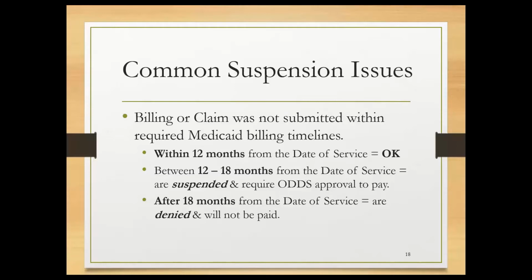Now, there may be situations where you are unable to bill. It takes a long time to get an authorization put in place. A person has really complicated eligibility requirements or something.